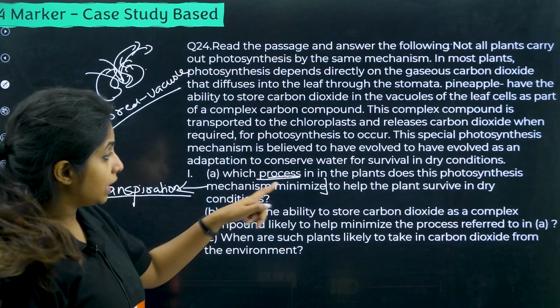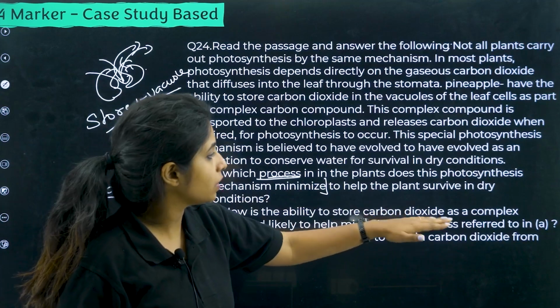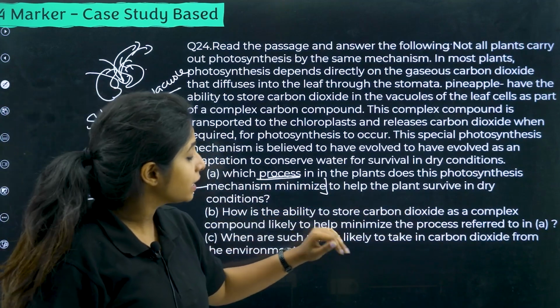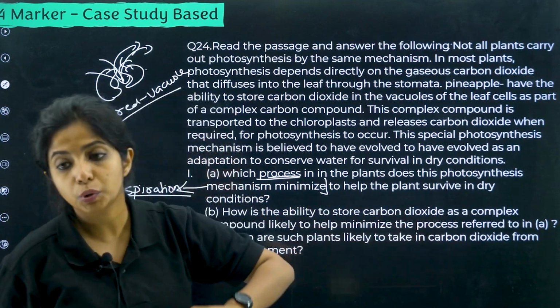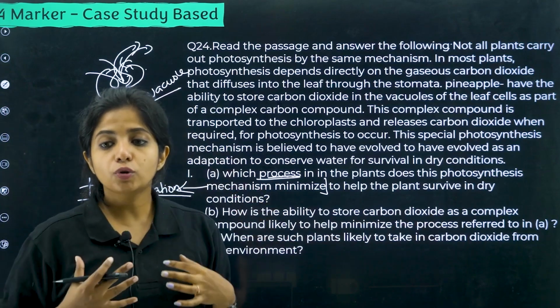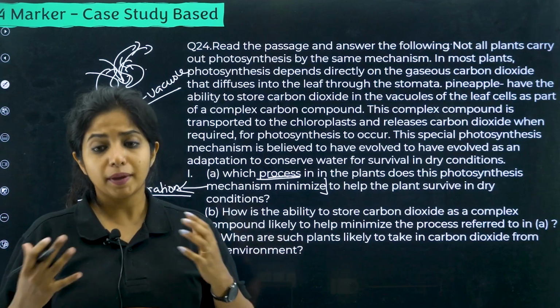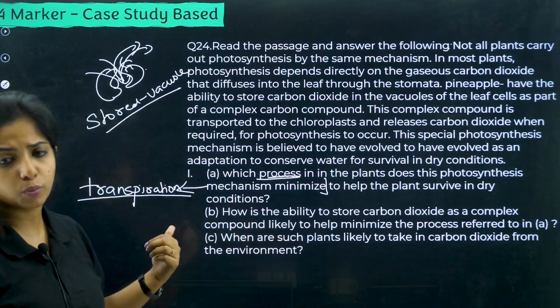Okay. Now it will be helping in surviving in dry conditions. Now how is the ability to store carbon dioxide as a complex compound likely to help minimize the process referred to in A? How can this ability, that is, being able to store carbon dioxide in the form of a complex compound, help in not allowing transpiration to happen?